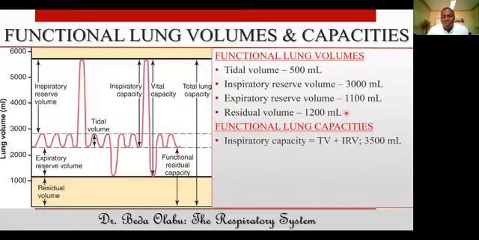One of the capacities I want us to describe is the inspiratory capacity. As you can see in this image, the inspiratory capacity is basically tidal volume plus the inspiratory reserve volume. And so you're just adding the tidal volume and inspiratory reserve, you get about 3.5 liters of air.